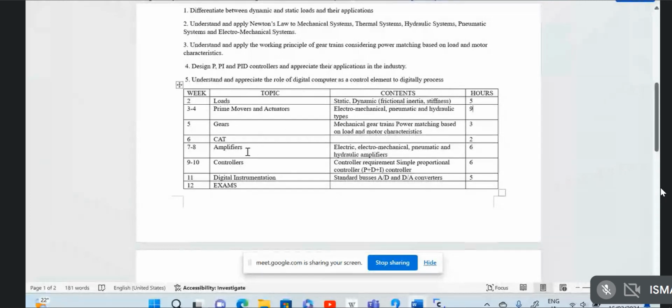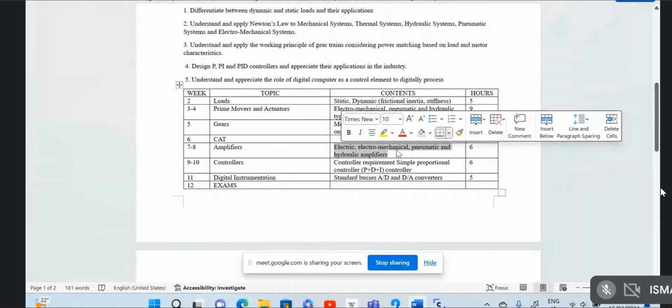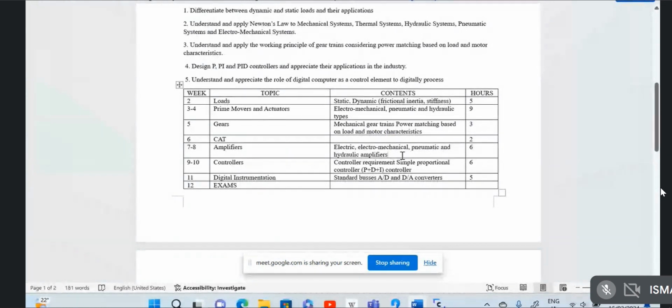Toward the middle of the semester, we shall look at the amplifiers: electric, electromechanical, pneumatic, and hydraulic amplifiers. So these things can also be amplifiers for the control systems; mechanical systems and pneumatic systems are applicable. In their model, we model them to become amplifiers.